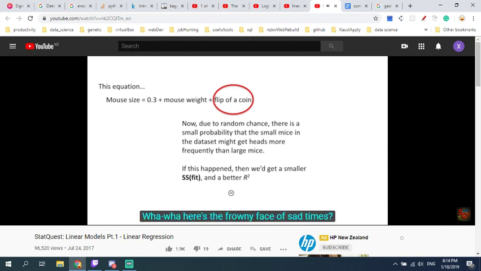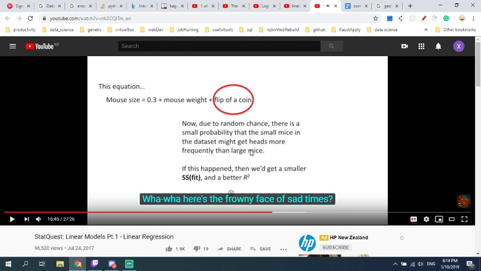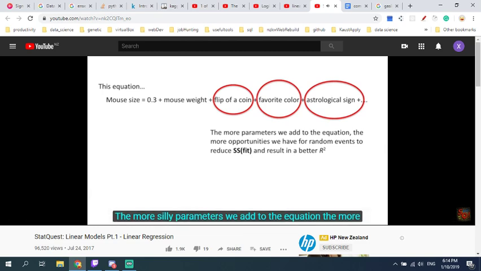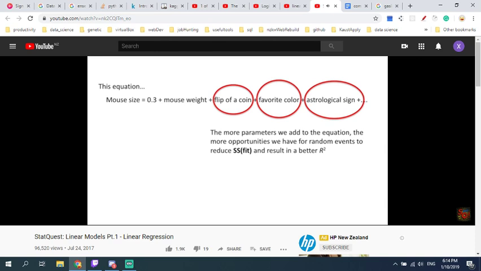Here's the frowny face of sad times. The more silly parameters we add to the equation, the more opportunities we have for random events to reduce sum of squares fit and result in a better r squared.